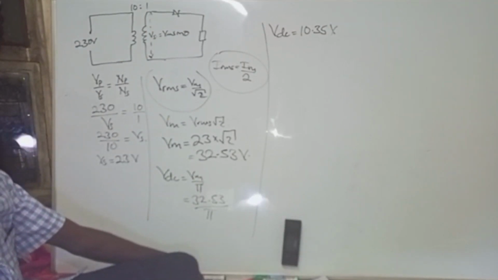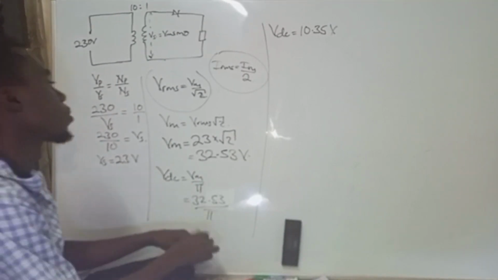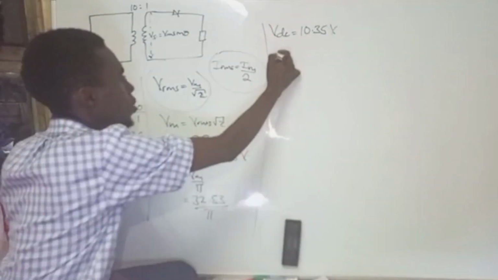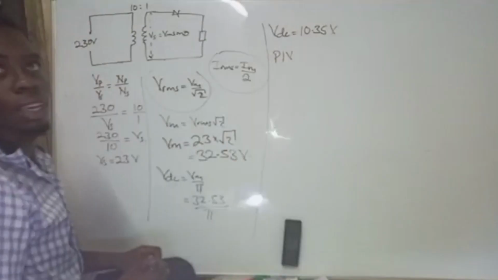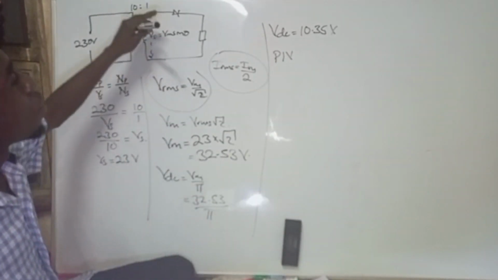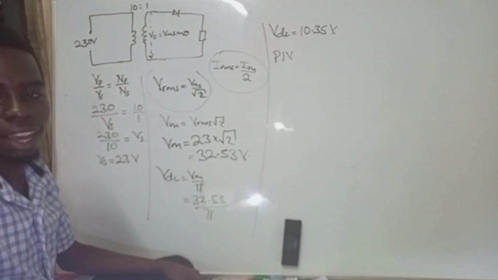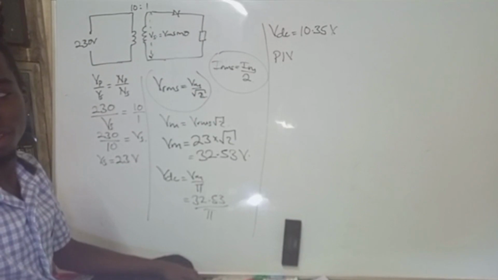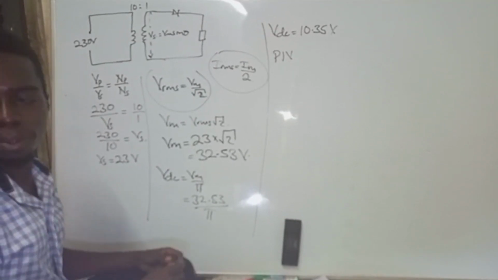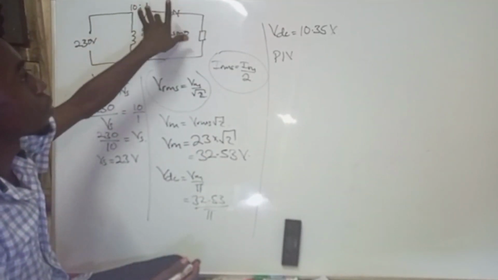Then the next question, they wanted us to find the peak inverse voltage, assuming the diode is ideal. So the peak inverse voltage, PIV, is simply the maximum voltage that can appear across the secondary, or across the diode.